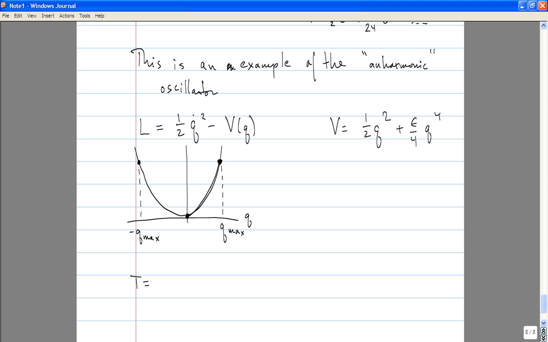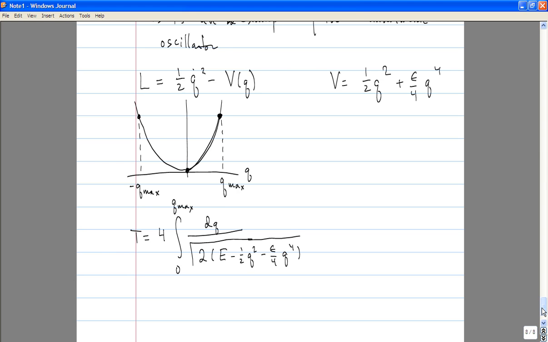So the time is 4 times the integral from 0 to Qmax dq over the square root of 2 times E minus the potential, which was 1/2 Q squared minus epsilon over 4 Q to the 4th. So we now just need to do this integral and to write it as a function of Qmax.